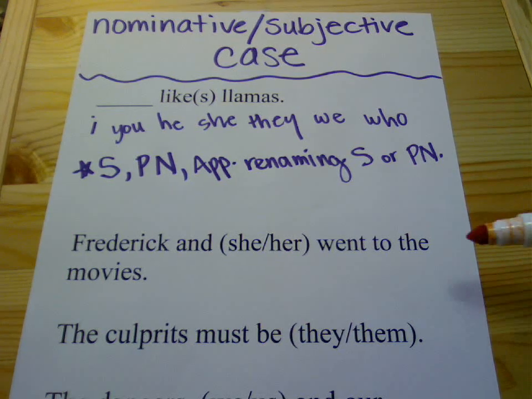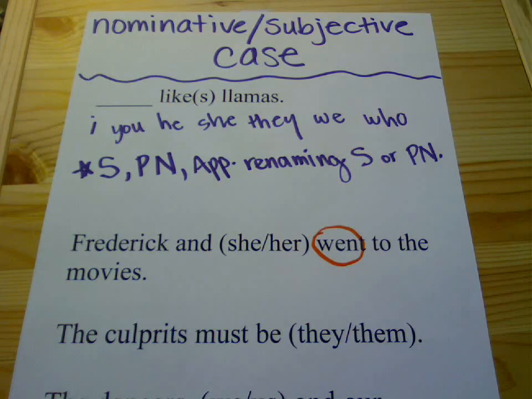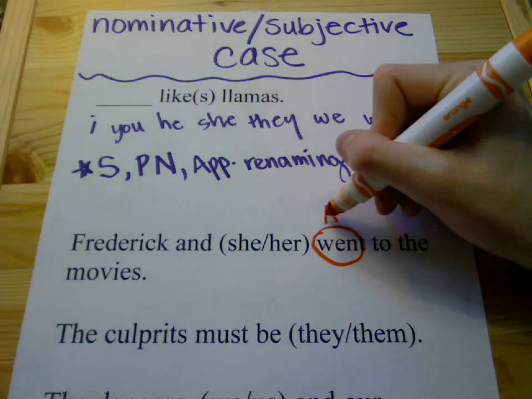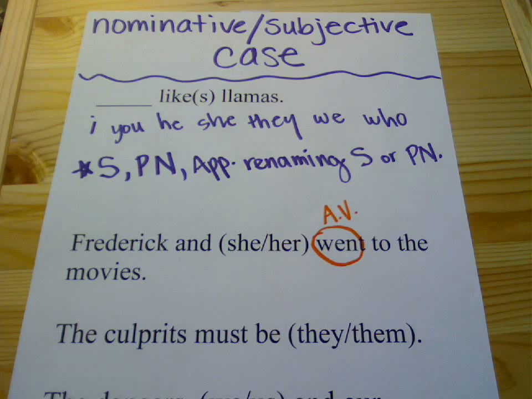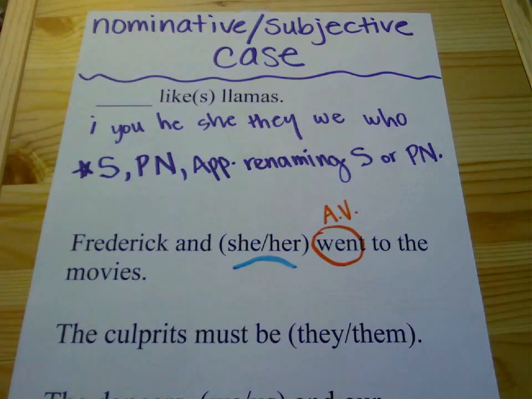Okay, so here's our first sentence. Frederick and she or her went to the movies. Okay, so the first thing we want to do always is find our verb, went, linking or action. This one is an action verb. All right, so we need to figure out which noun function that is. Frederick and she or her went to the movies.